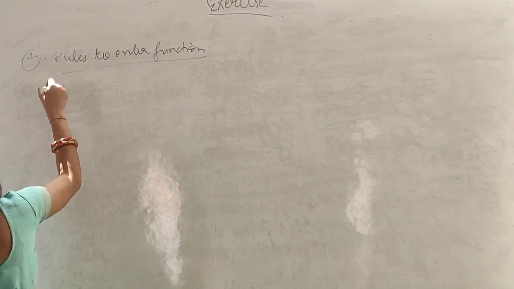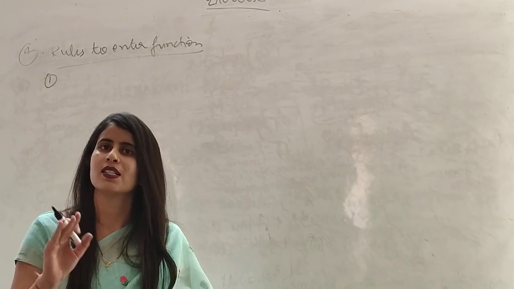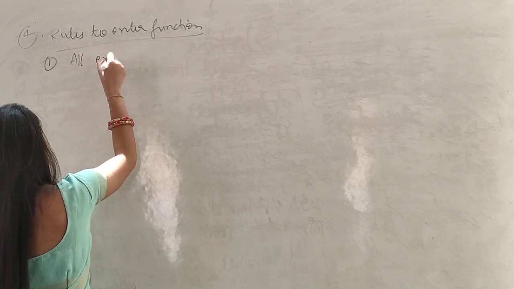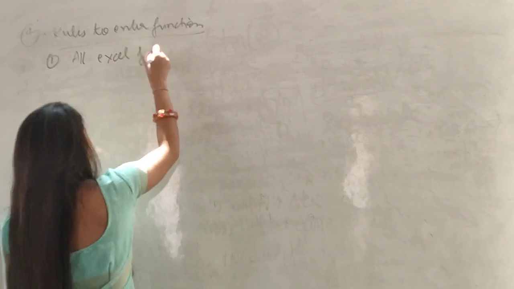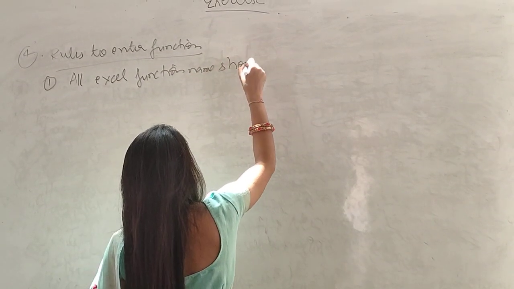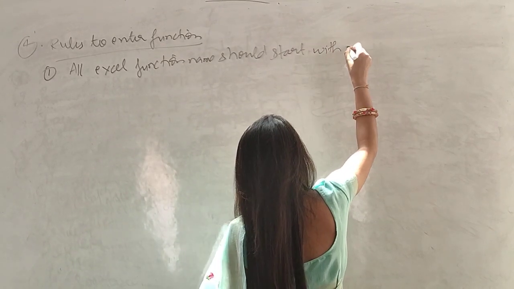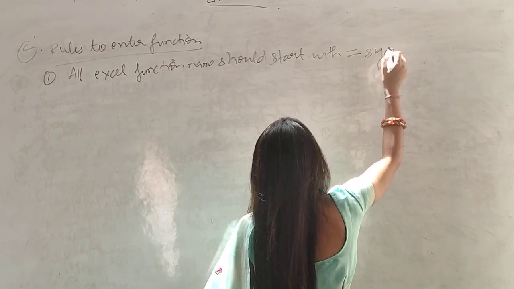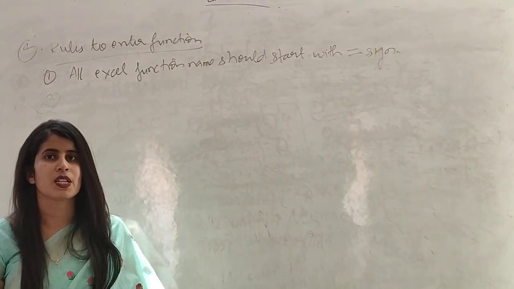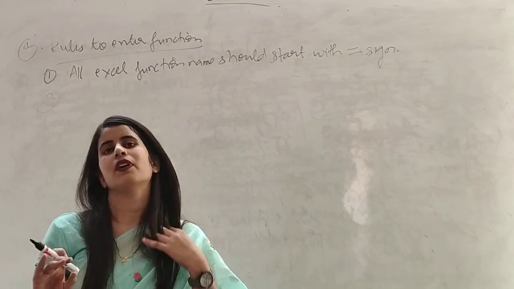The answer is, first one is, all Excel function name must start with equal to sign. So you will write all Excel function name should start with equal to sign. Okay. The second one is, functions must be a valid Excel name. You can't give it any name.